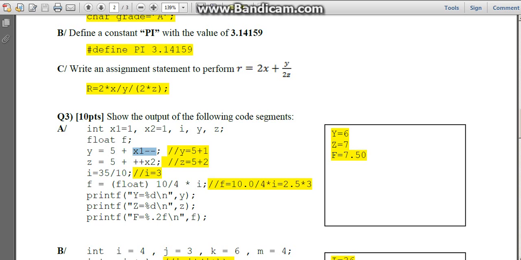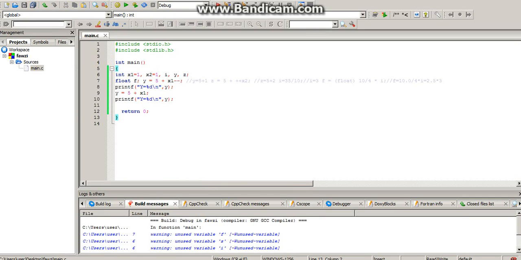What does this mean? Minus minus is actually the same form as this: x minus minus means x is used as it is, then x is going to be equal to x minus 1.